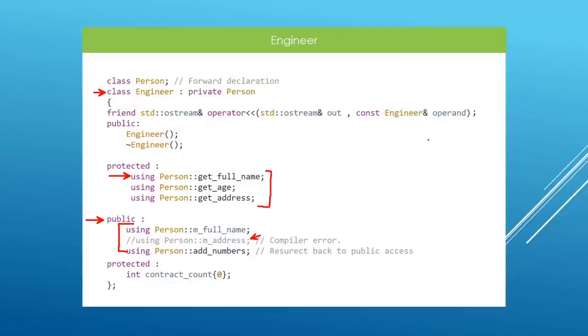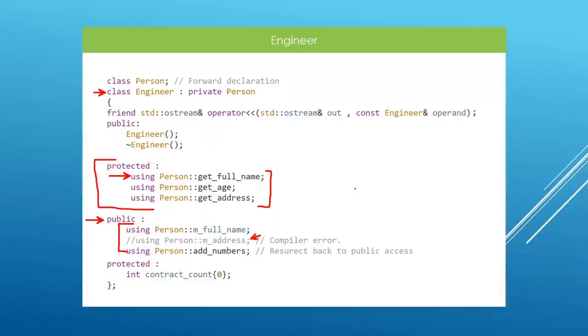If you want these guys to be public or protected, why not make them public or protected in the first place and really not use private inheritance? That's going to be much more direct to see and understand, and your code is going to be easier to work with for you in the future or for some other developers that will get to work on your code in the future. So this is the message here. You can use this feature to resurrect members back to a relaxed access level.